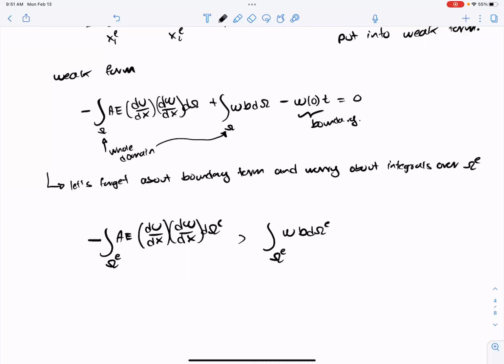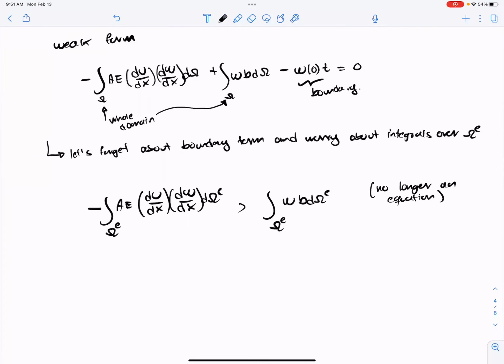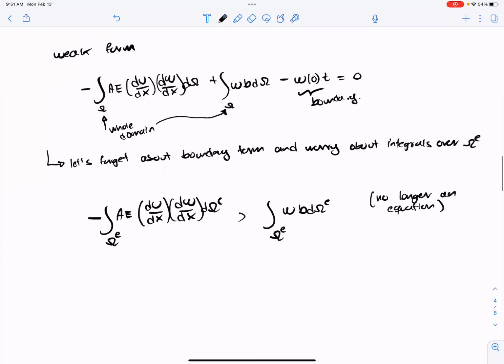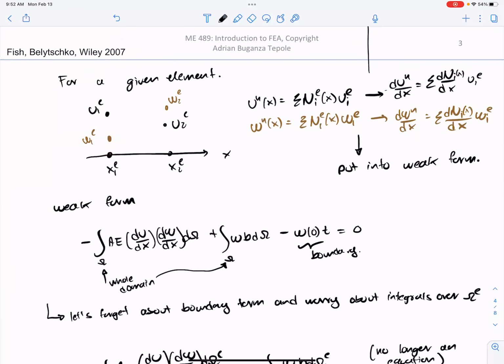So this is no longer an equation, and I cannot make it equal to anything, but I still need to compute these integrals. This is where I will plug in my discretization.